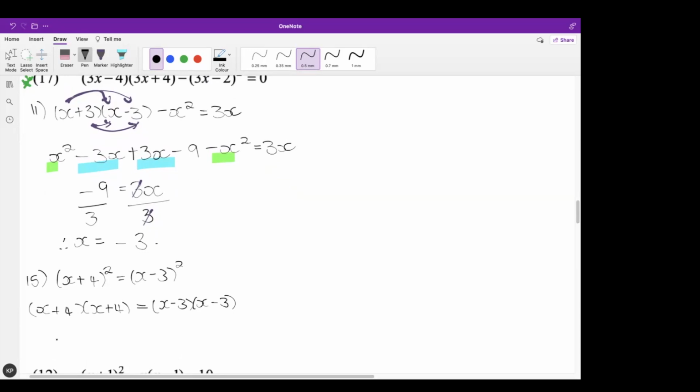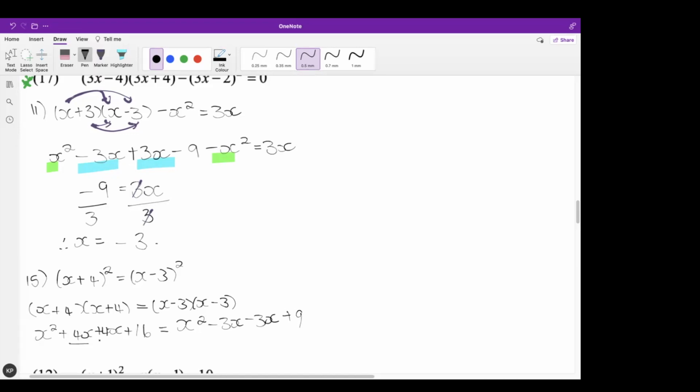So my first here is x squared, outer plus 4x, plus another 4x for inner, plus 16. And this is equal to first is x squared, outer is negative 3x, inner is another negative 3x, and last is a positive 9.